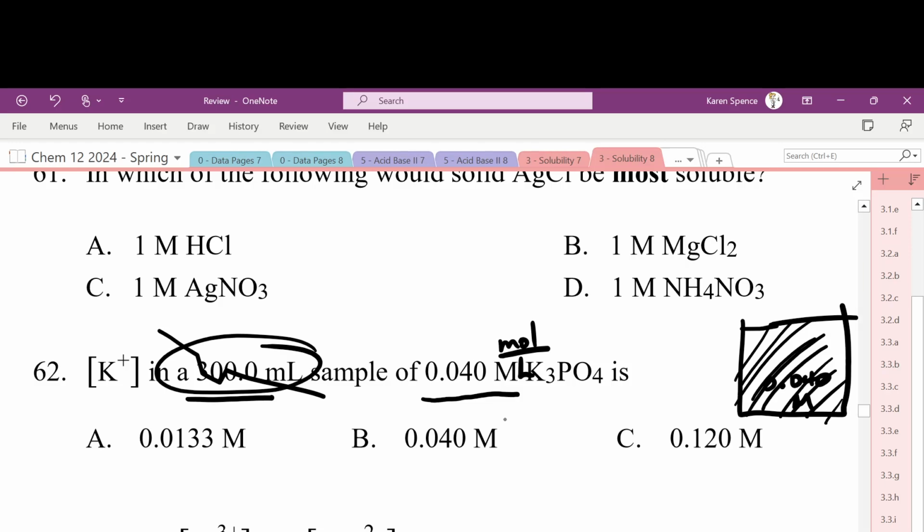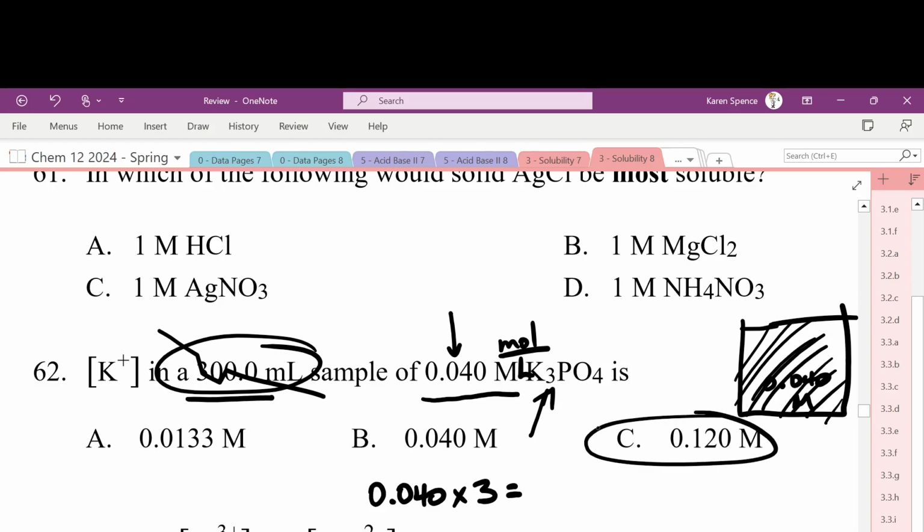So you can just say, oh, well, I know that there are 3 potassiums for every K3PO4, so I can take 0.040 and multiply by 3. And we get 0.120. See?